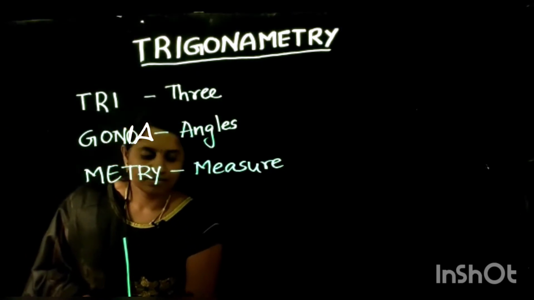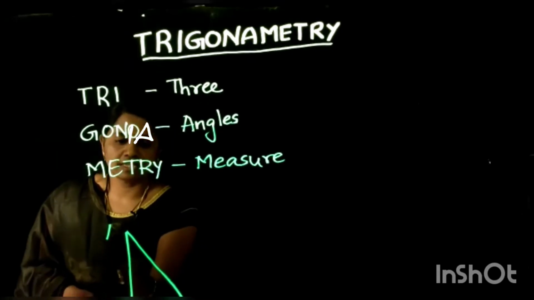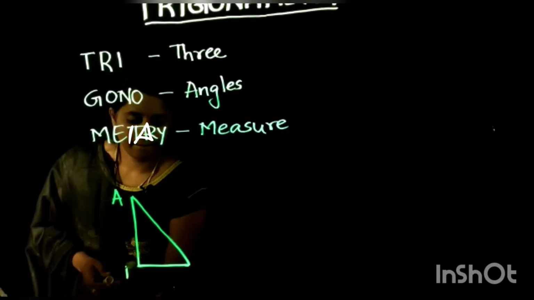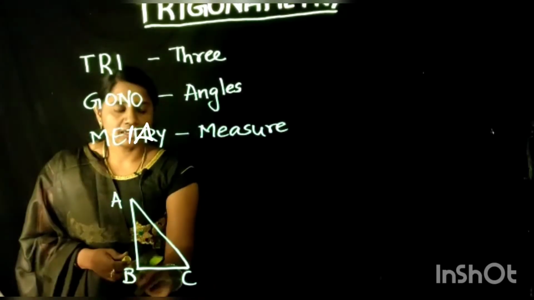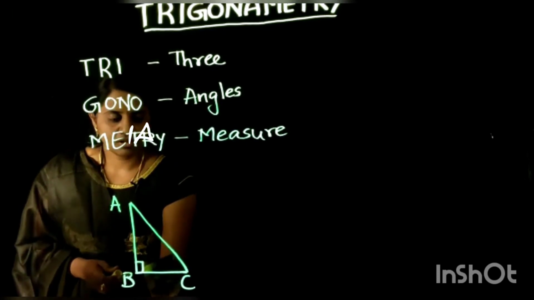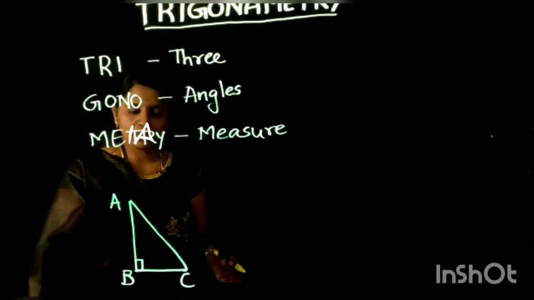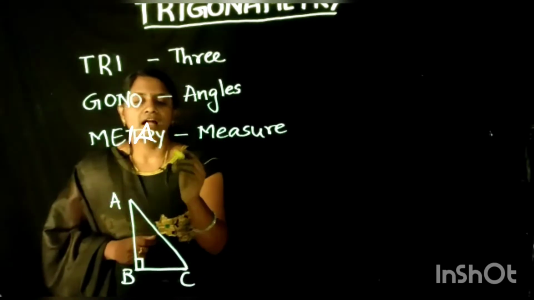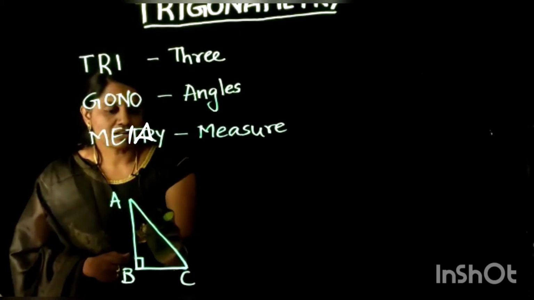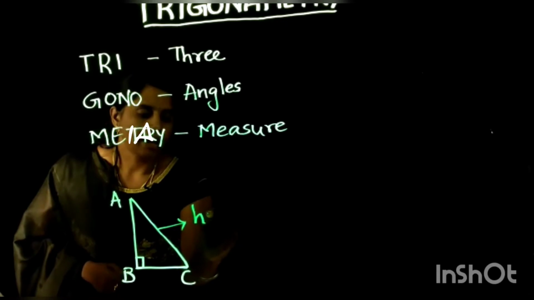I take a right angle triangle ABC, where angle B is 90 degrees. Let us learn the names of sides AB, BC, and AC. In a right angle triangle, the largest side is known as the hypotenuse.